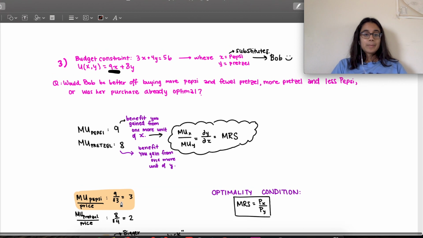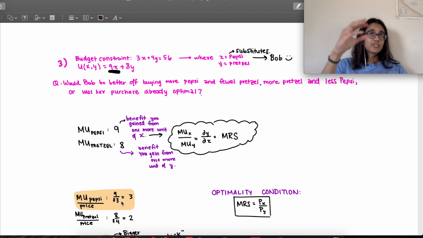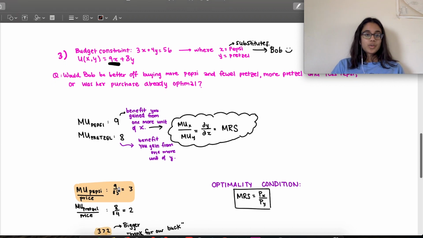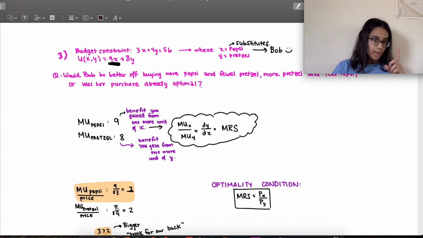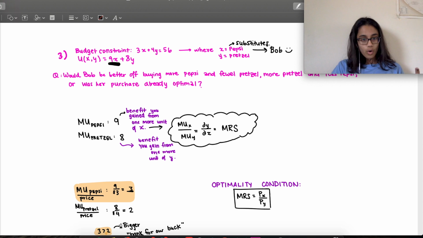So when we're comparing the utility that you gain from the price that you have to pay, that really helps with the bang for your buck. When you do 9 divided by the $3 that you have to pay for each Pepsi, that gives us 3. Again, 8 is the utility that you gain from one more unit of good y. 8 divided by the 4, which is how much you have to pay for the pretzel, gives us 2.